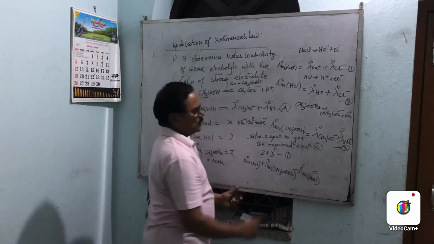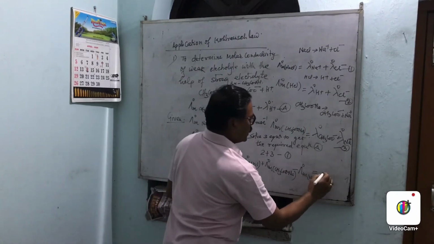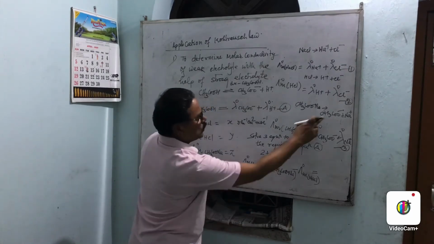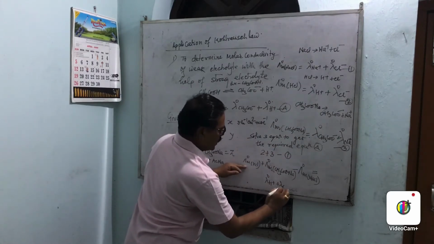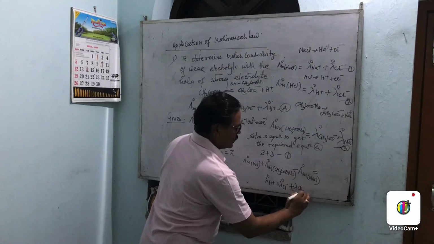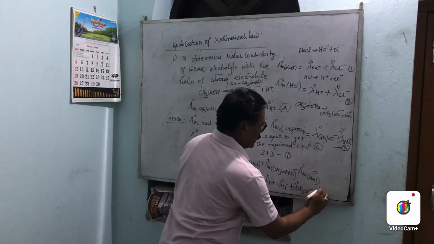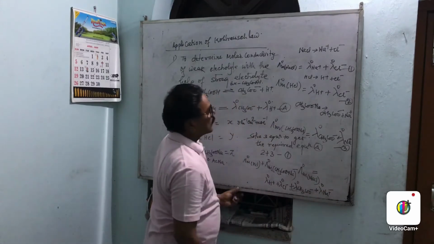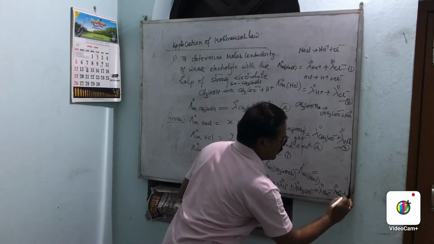So what is on the right side? Equation 2 gives lambda H plus infinite plus lambda Cl minus infinite, plus lambda CH3COO minus infinite, which is the limiting molar conductivity, and this is Na plus infinite, minus lambda Na plus infinite minus lambda Cl minus infinite.